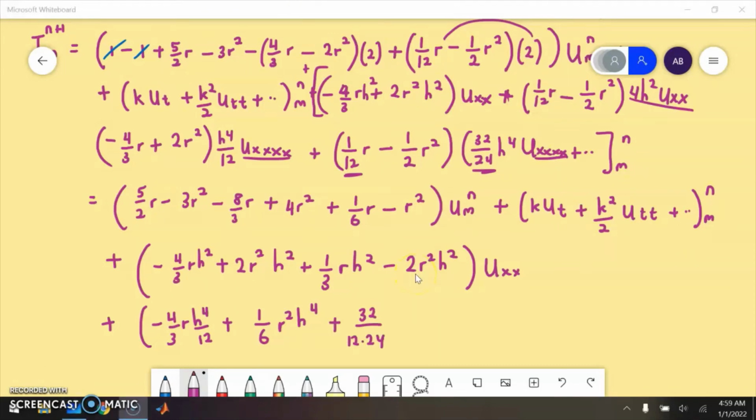Okay, now we have this term. What I'm doing is I'm doing this term, right? So don't forget 1 over 12 of the r h to the 4, and then negative this term.